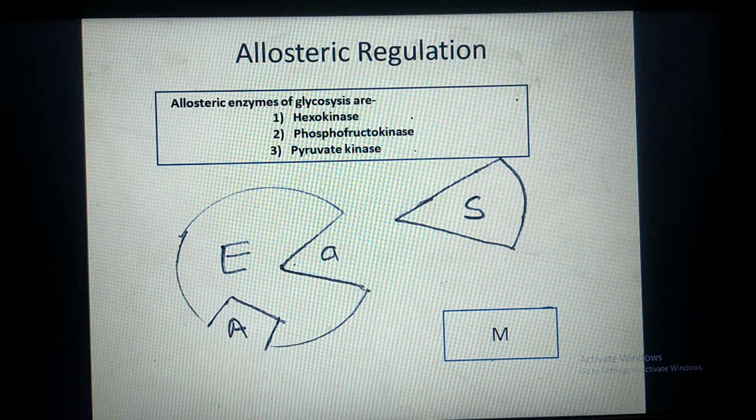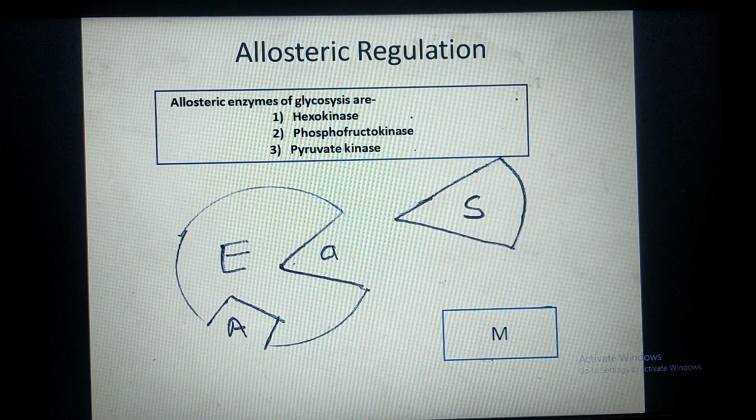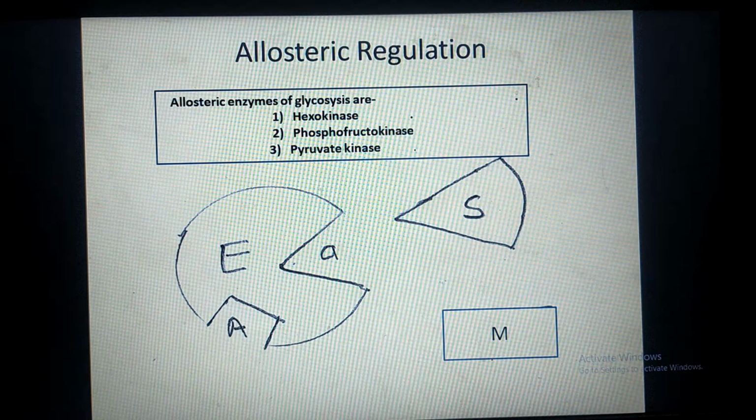Modifier may be a stimulator or activator. If the modifier is a stimulator, then that stimulator binds at the allosteric site of the enzyme. Due to this binding, the affinity between the active site and the substrate increases and the reaction rate increases.